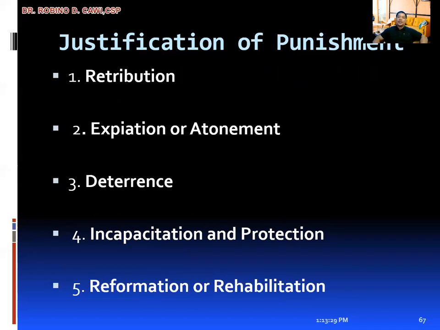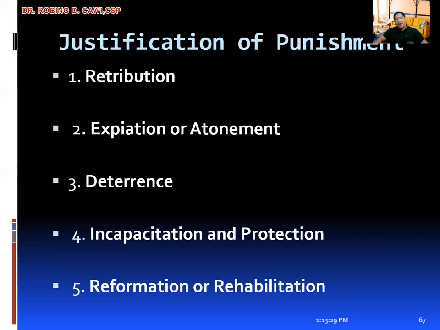The first one is retribution. Retribution is the process whereby the punishment is provided, take note, by the state whose sanction is violated, to afford the society or the individual the opportunity of imposing upon the offender suitable punishment as might be enforced. So the idea of retribution is that offenders should be punished because they deserve it.